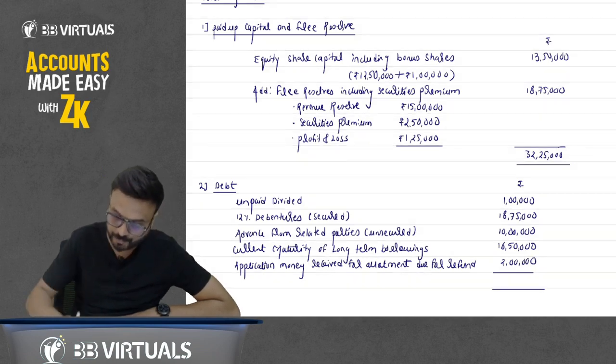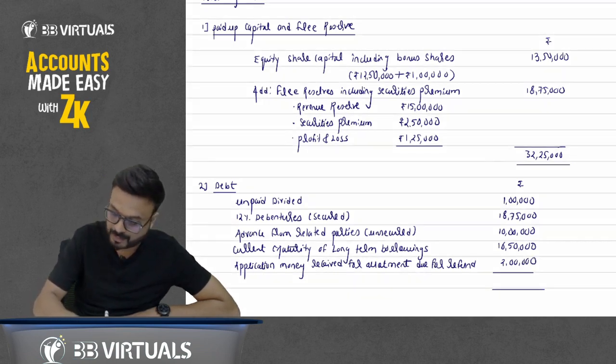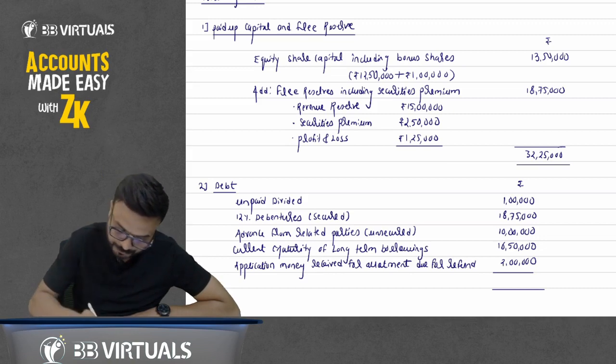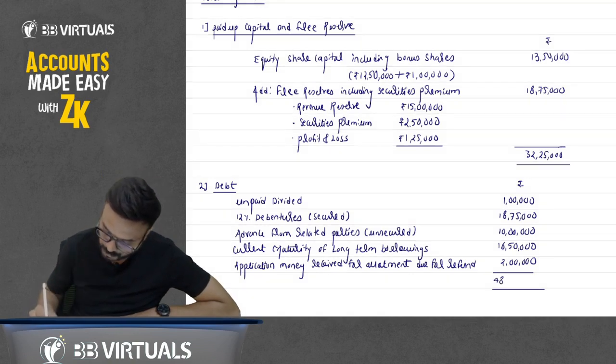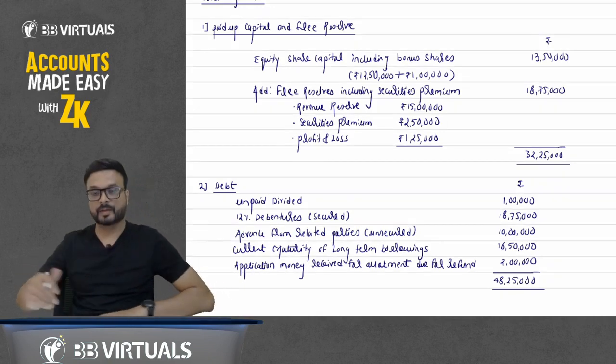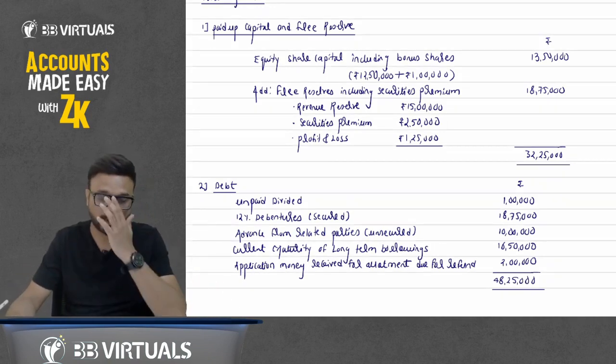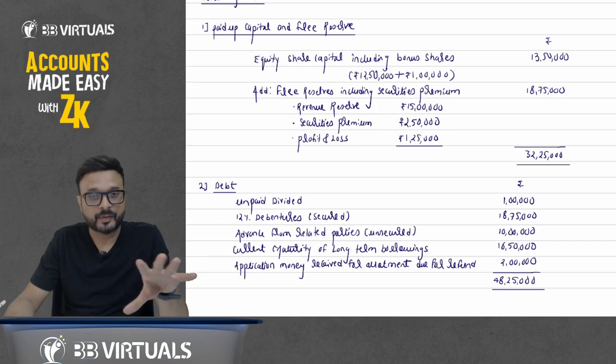So total here: 1 lakh plus 18 lakh 75,000 plus 10 lakh plus 16 lakh 50,000 plus 2 lakh. That is 48 lakh 25,000, total amount of debt. Okay, all of you have written.